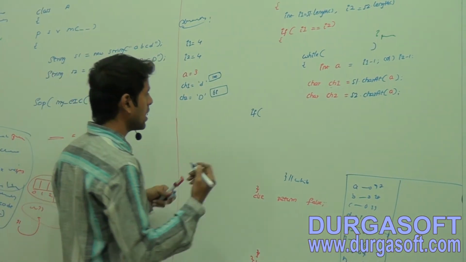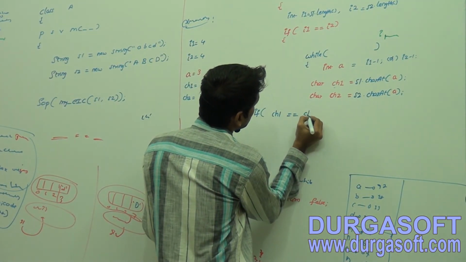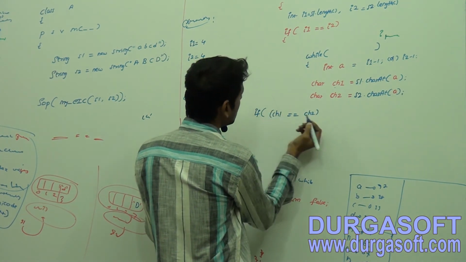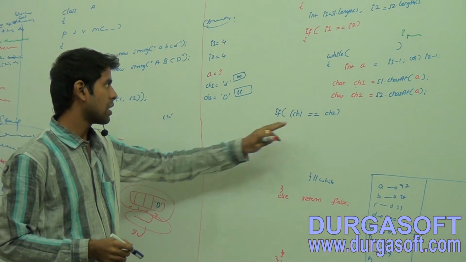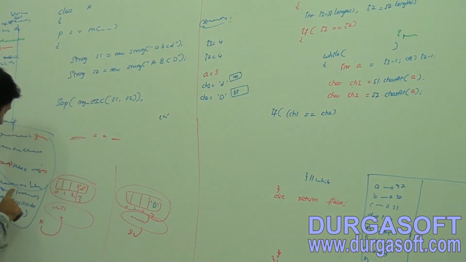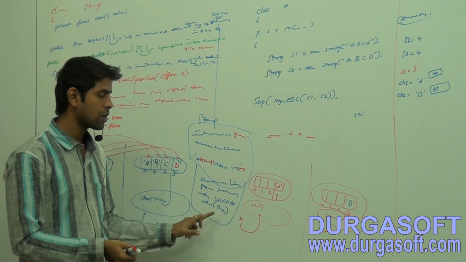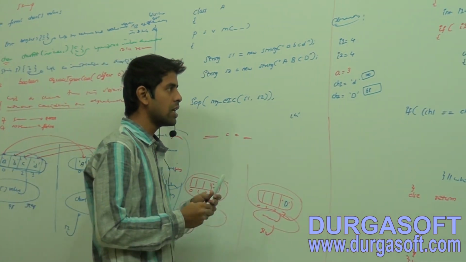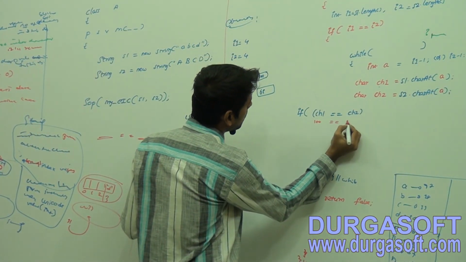Observe, if I put here c1 double equals c2, what will it return? I said the secret thing here: it will use Unicode values. Now ch1 value is 100, double equals 68.